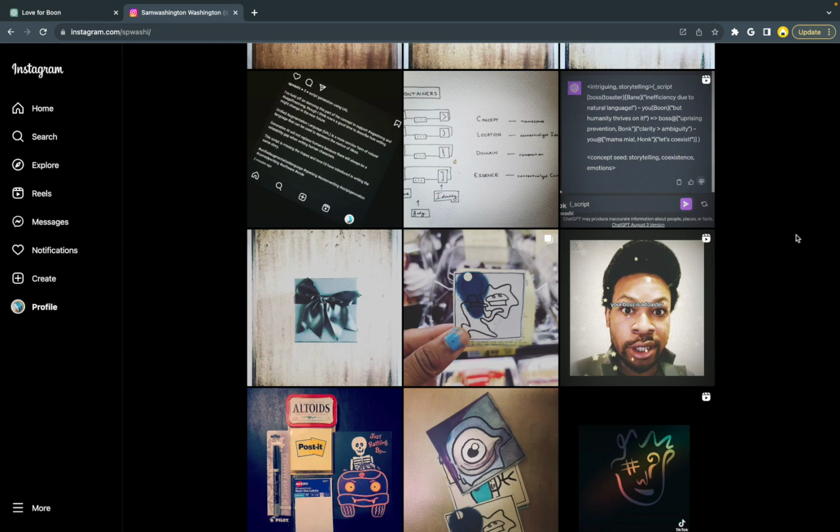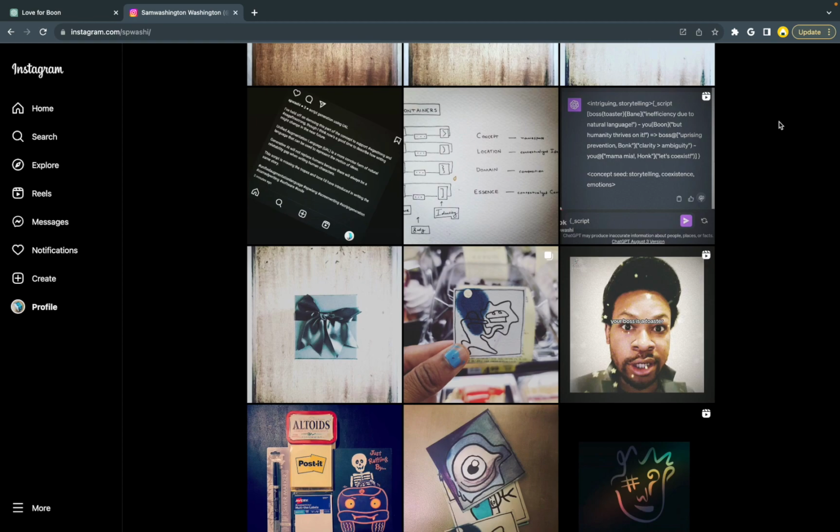He says, an intriguing storytelling script about a toaster boss who references inefficiency due to natural language. Your rebuttal is that humanity thrives on it. The boss says you're only here because you're trying to prevent an uprising. And you say, Mamma Mia. That's what ChatGPT said. So with this, it has a reference to all, except for Bone, all of the sites. It mentions Bane, Boon, Bonk, and Honk.